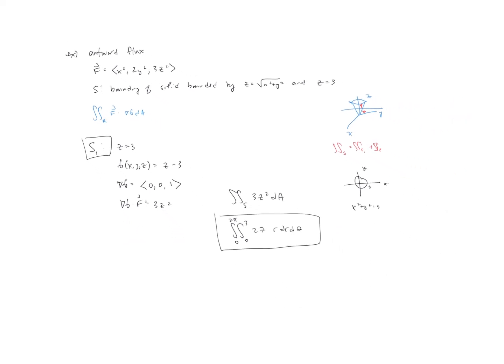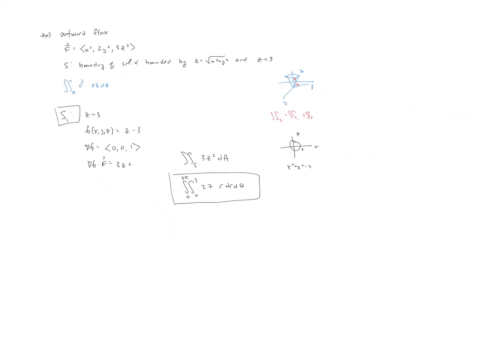So let me go ahead and move this up a little bit here. And so for S sub 2, this is where we're going to be studying the z equals the square root of x squared plus y squared, which means our g of xyz would be z minus the square root of x squared plus y squared, and then our gradient of g.